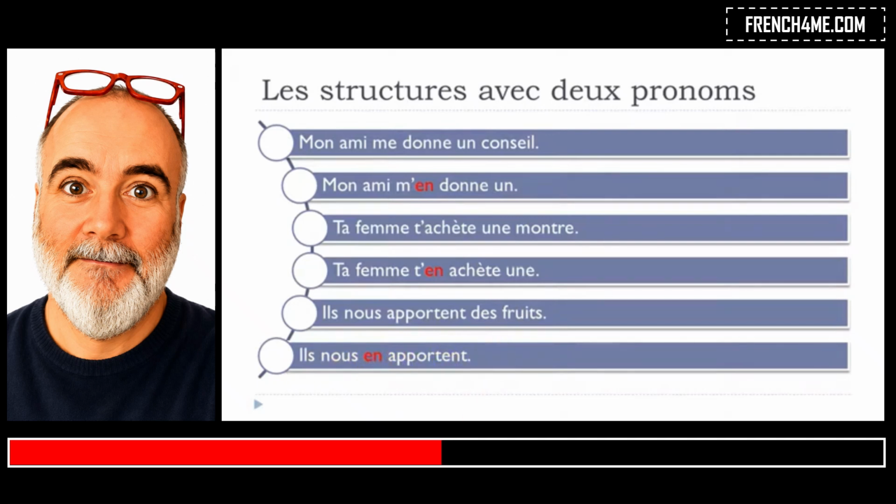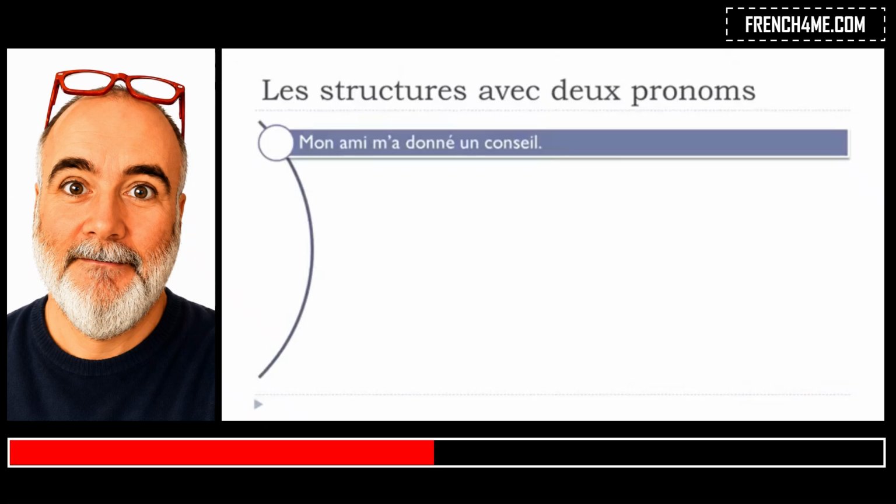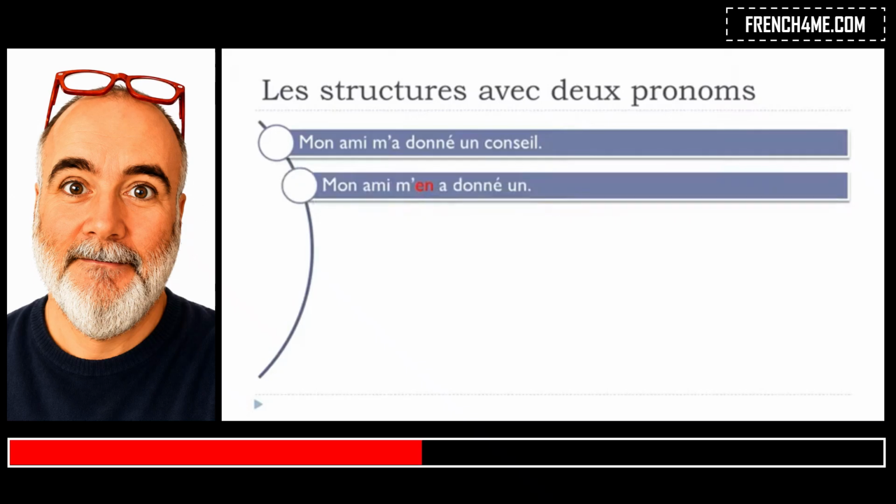Okay, so let's see now with the passé composé. Same sentence. Mon ami m'a donné un conseil. All right. Mon ami m'en a donné un. It will be exactly the same thing, especially if you think that a donné is only one verb.